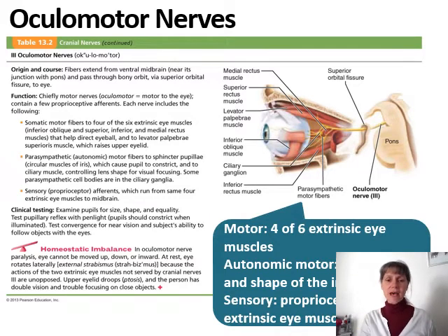The extrinsic eye muscles have a really handy formula that will help you remember what cranial nerves innervate which muscles.